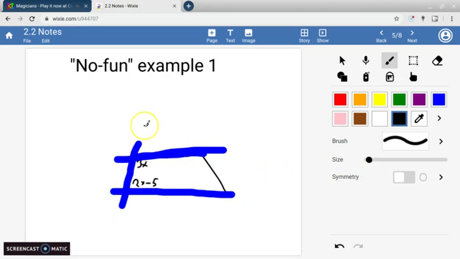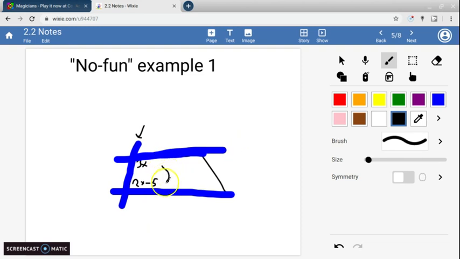So now we know this one right there is the transversal, and then these other ones are the parallel lines. And then you would solve like that. These ones in here are the ones that are consecutive or same side. So we know that 3x plus 2x minus 5 equals 180, and you would solve like that. That's how you would do that.